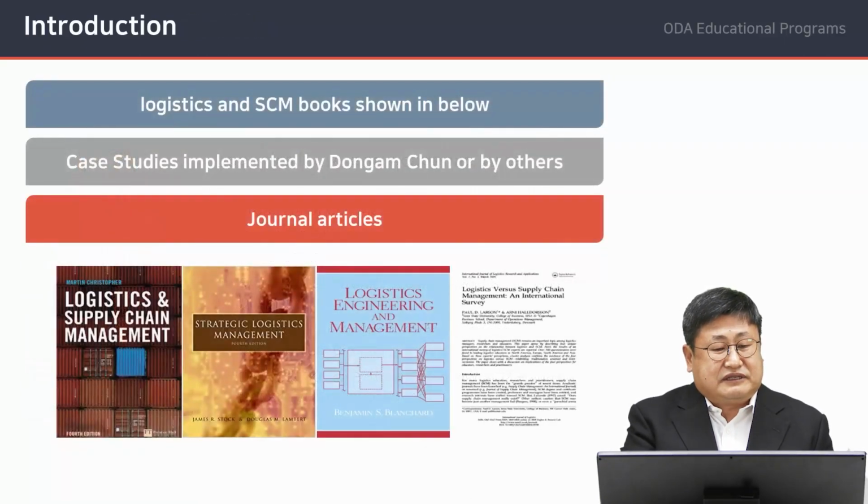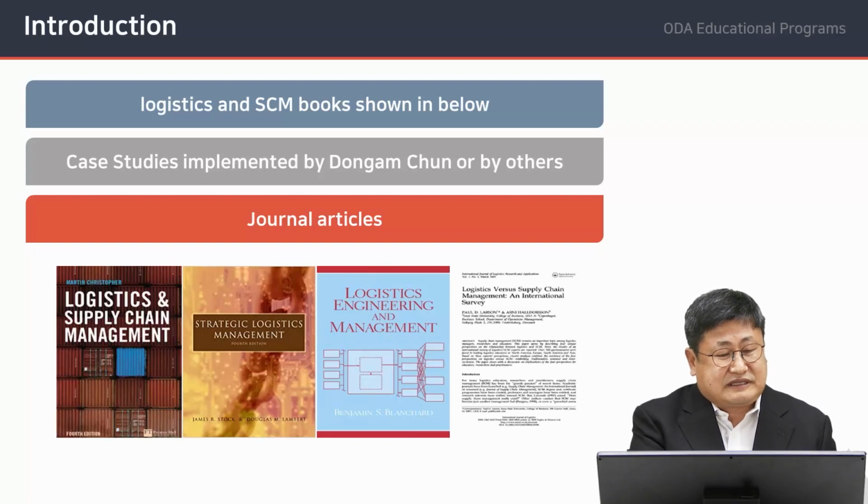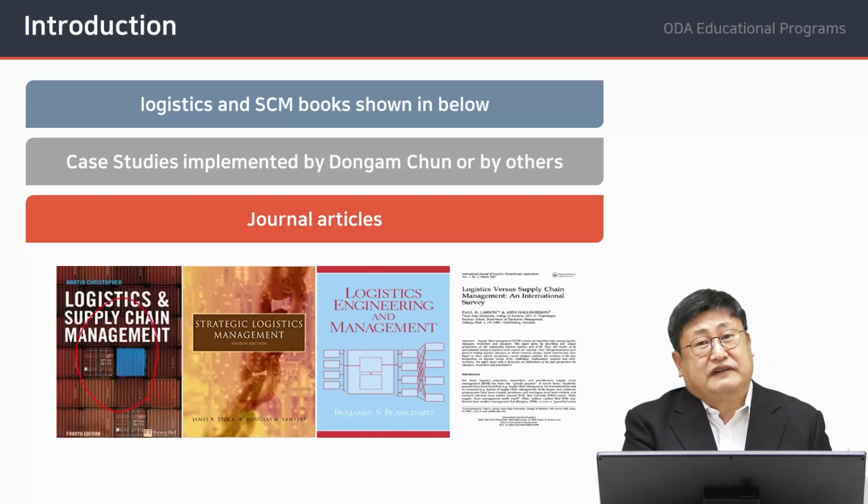As for reference books and textbooks, I have three books in logistics and supply chain management. One is by Martin Christopher, a very interesting, well-known logistics textbook, and I recommend this book as well.